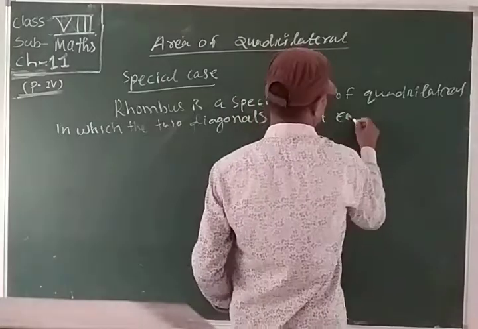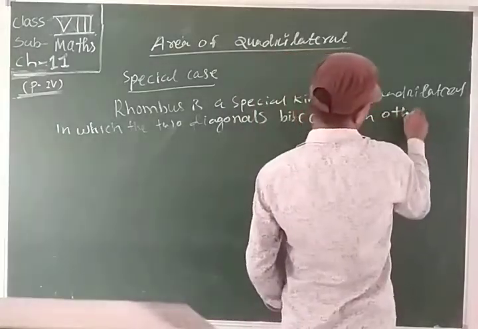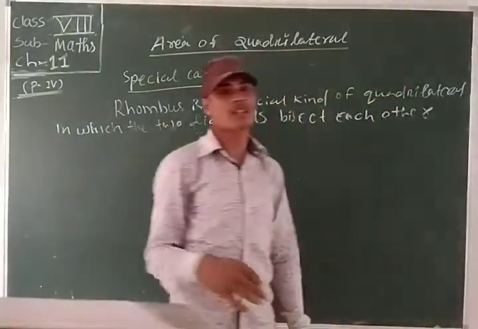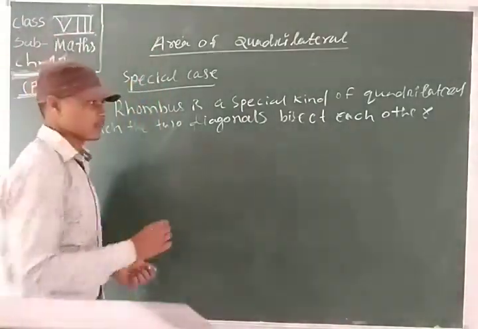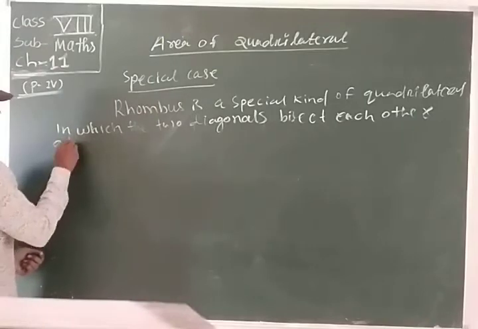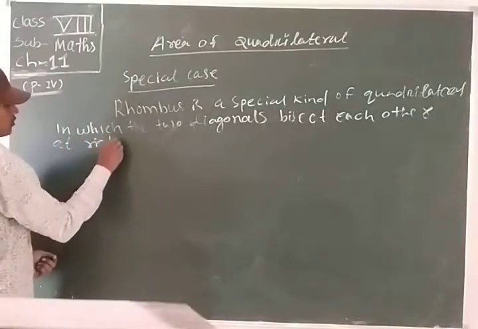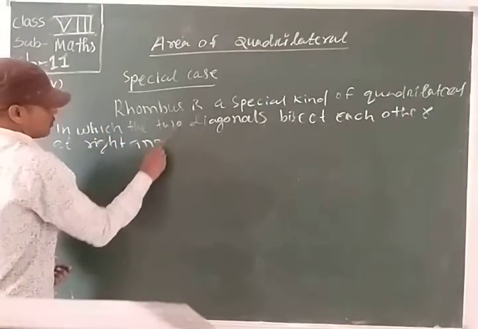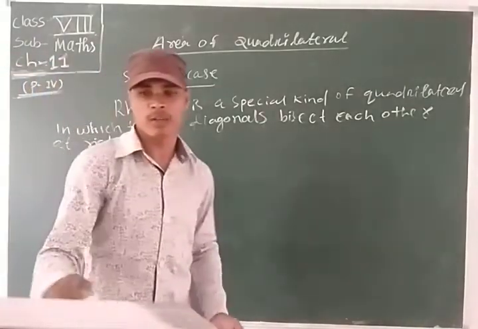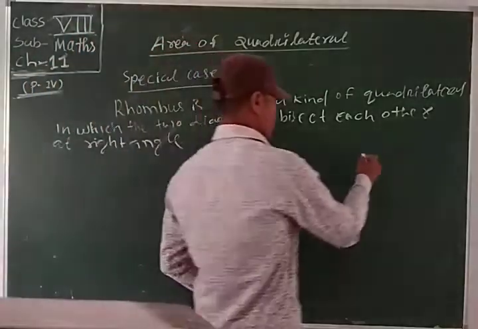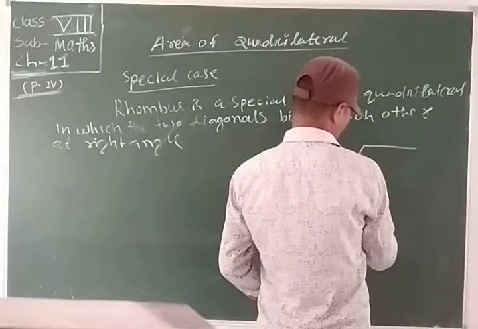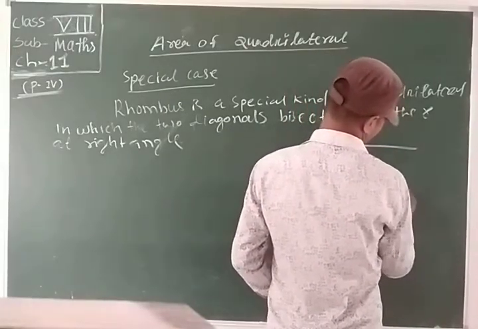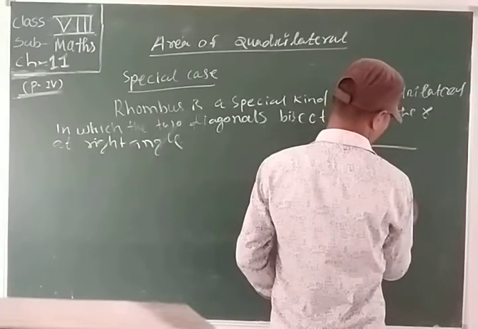Last time I told you they bisect each other at a right angle. Also, you know that the sides of a rhombus are equal.